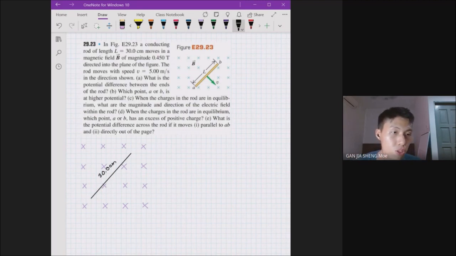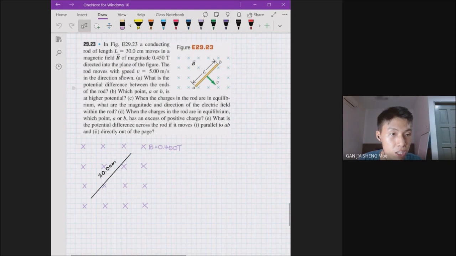Then it moves through the magnetic field of magnitude 0.450 Tesla. The magnetic field is directed into the plane of the figure, so it's pointing into the page. That's why it crosses in the diagram.